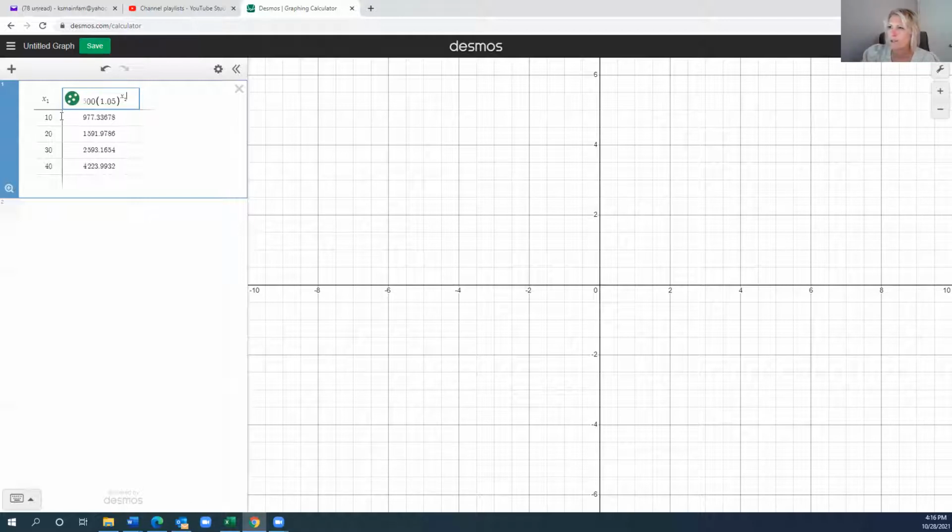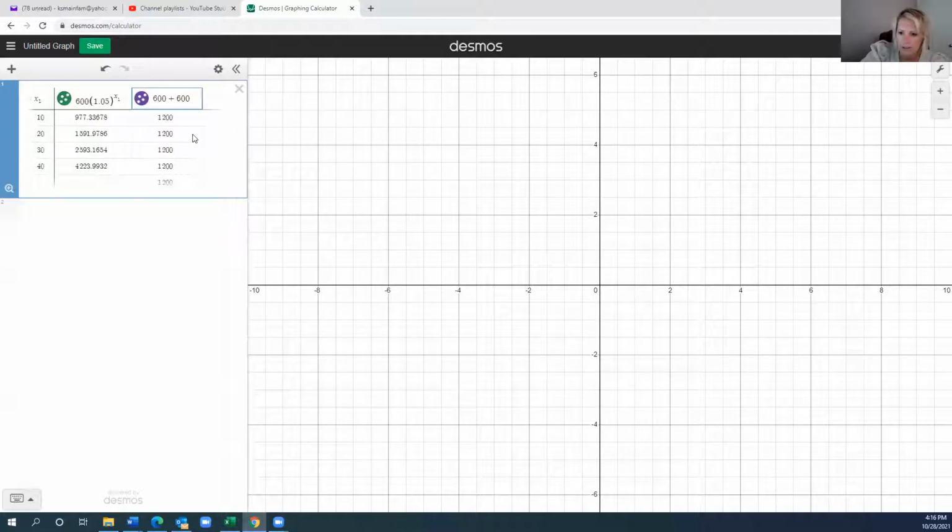Now we can use the same inputs 10, 20, 30, and 40 and make another column here with the expression that was linear. And that is 600 plus 600 times 0.05 times X1.